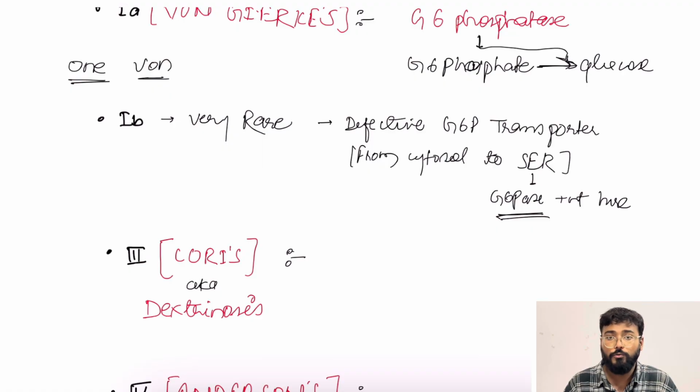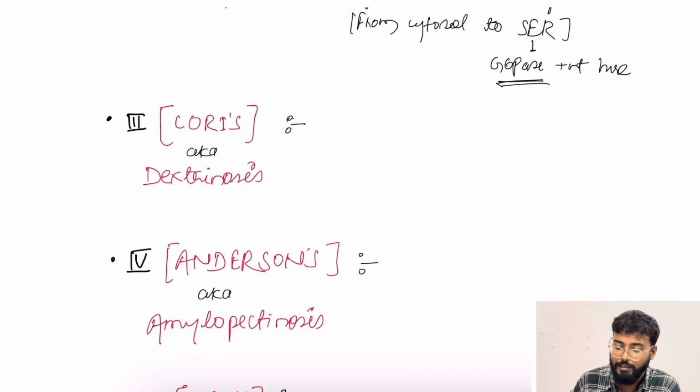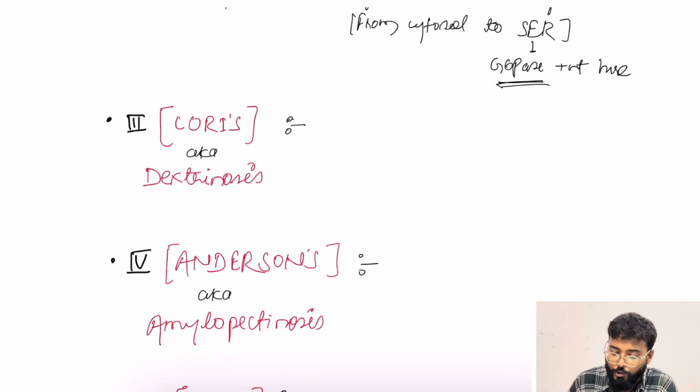So in order to facilitate the process of glycogenolysis, the substrate must go from cytoplasm to the smooth endoplasmic reticulum, and that is done by the glucose 6 phosphate transporter. So when this is defective, you will see type 1B. It is not really important.